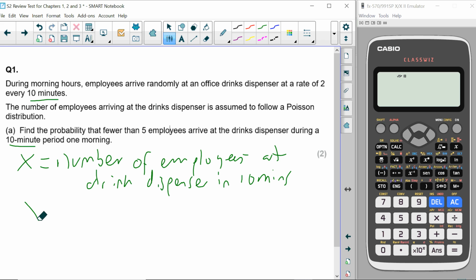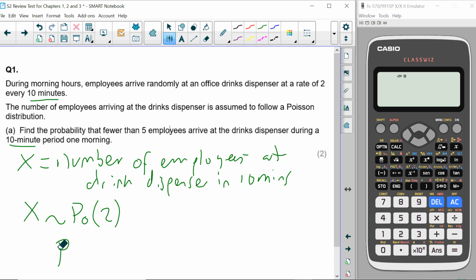So let's go for our distribution then. We've already been told that it can be modeled using a Poisson, with a mean of lambda, but they've told us that it's a rate of 2 every 10 minutes. So if we're dealing with 10 minutes, it's Poisson distributed with lambda equals 2. So part 1 says find the probability that fewer than 5 arrive there.